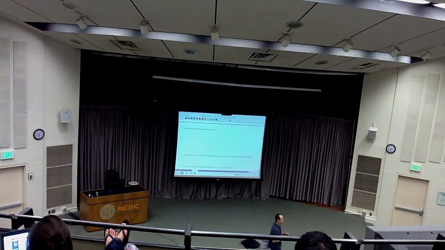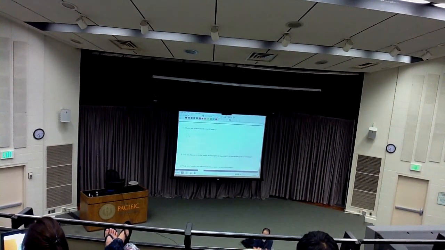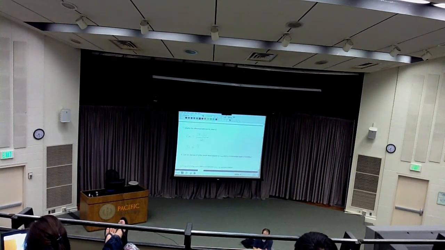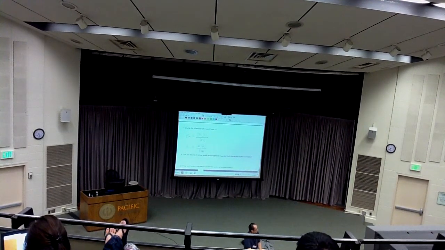What is the difference between Km and Ks? We know that in both cases, Km is E times S over ES, and Ks is also E times S over ES. However, the assumption for Km and Ks is different.